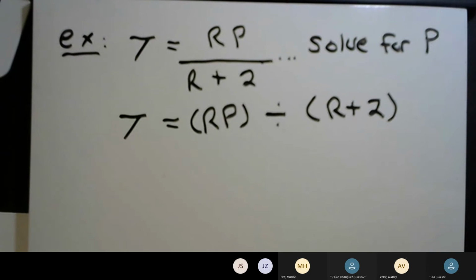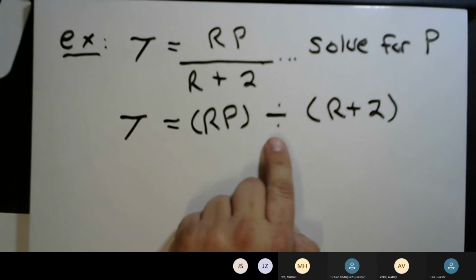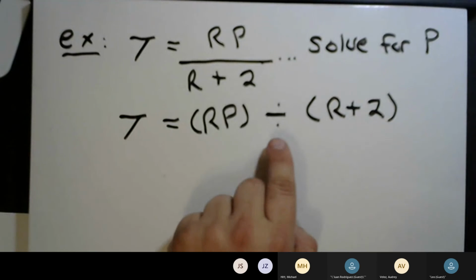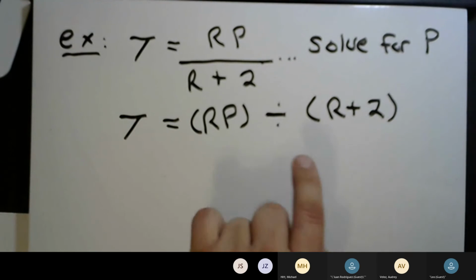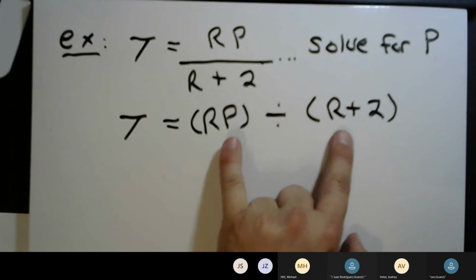So the thing we're going to do, we go backwards through PEMDAS. Usually through PEMDAS, we do parentheses, parentheses, then divide. We're going to go the opposite. We'll undo the division, and then we'll do whatever we need to compute inside the parentheses.